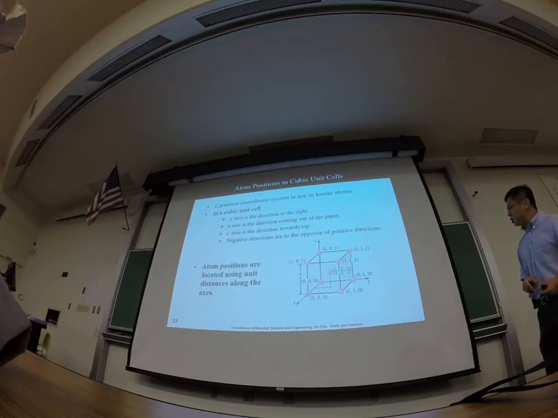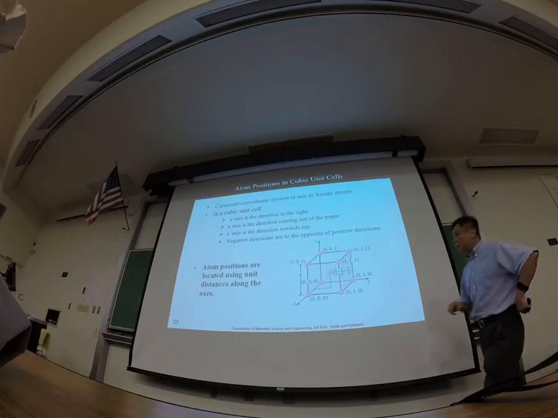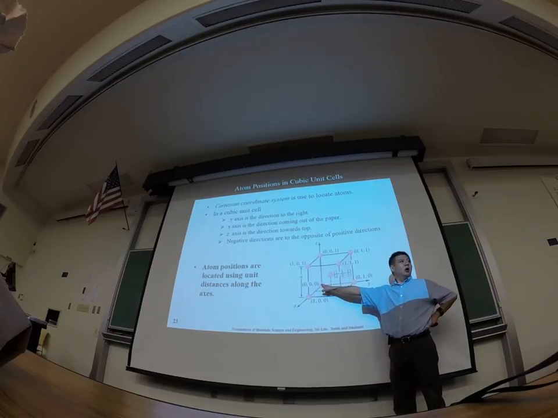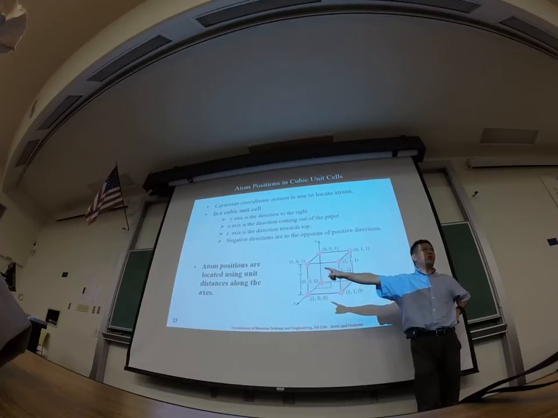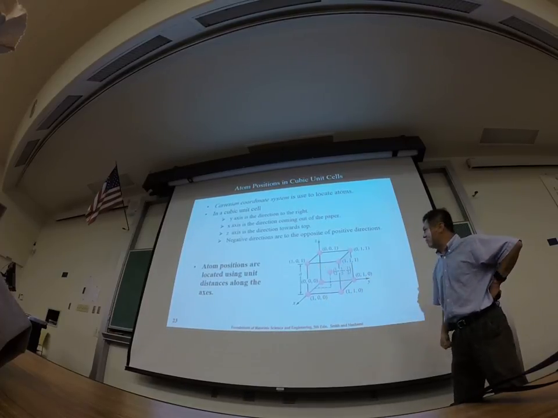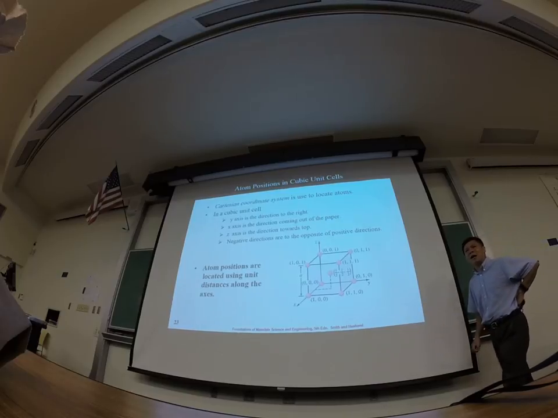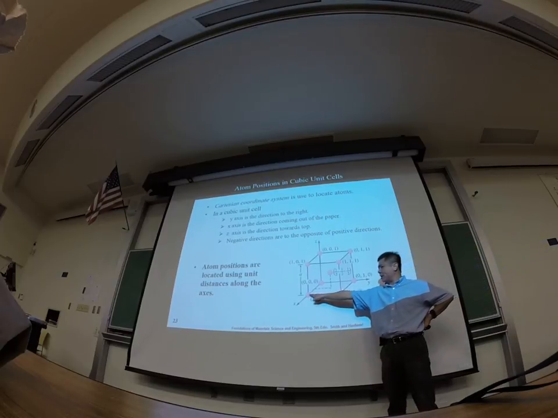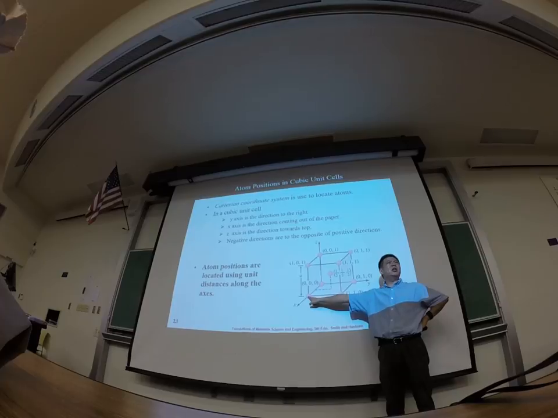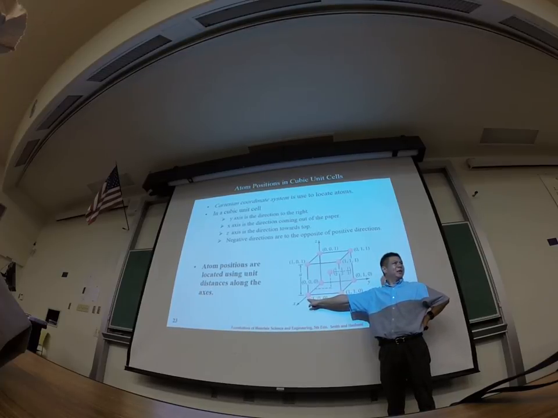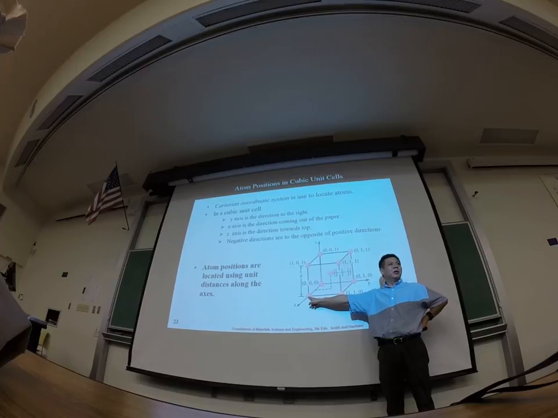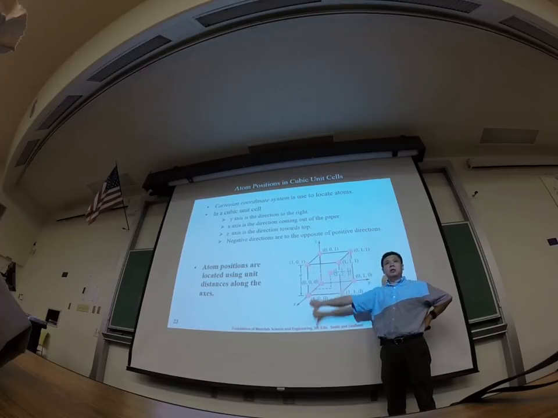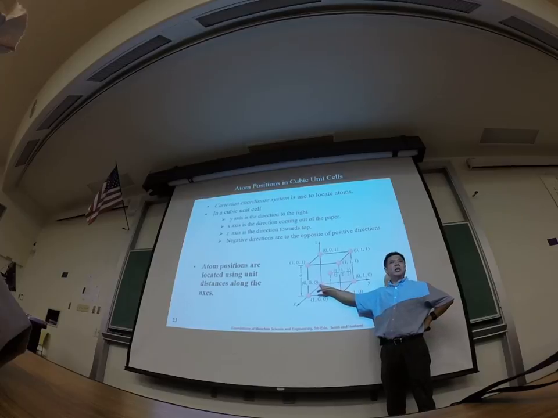Once we define that, and once we know the origin of the Cartesian system, everything becomes straightforward. Say for example, if we want to define the position of this atom, you just need to know the numbers corresponding to this coordinate. Here is the origin, and x is positive 1.